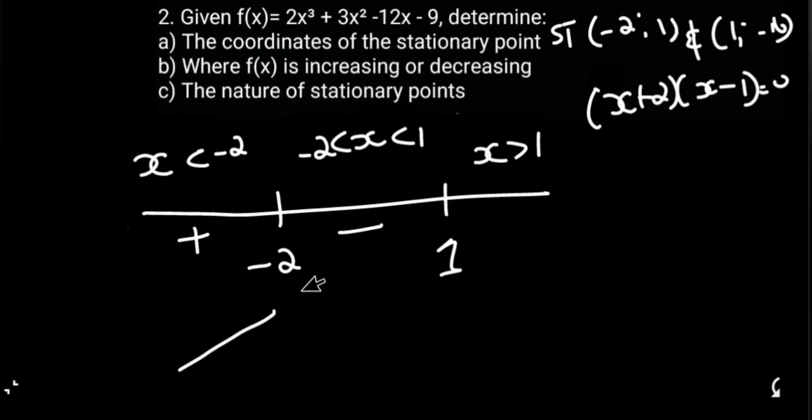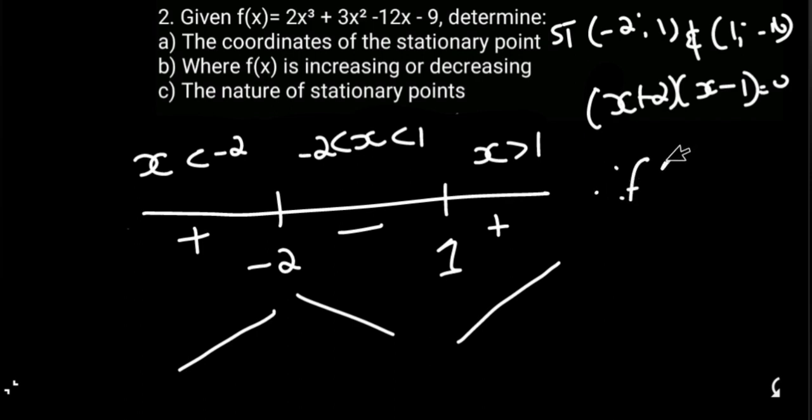Then that means our function is decreasing between -2 and 1. So if we plug in any value that is greater than 1, you're gonna get a positive value. Then that means the function is increasing.